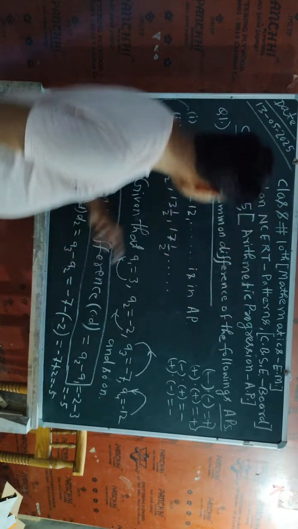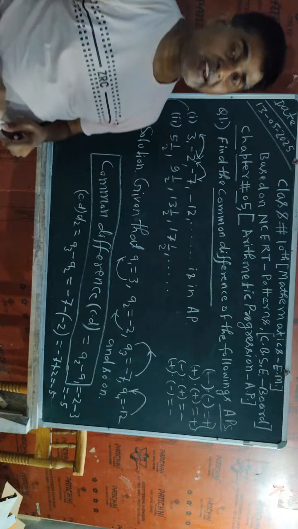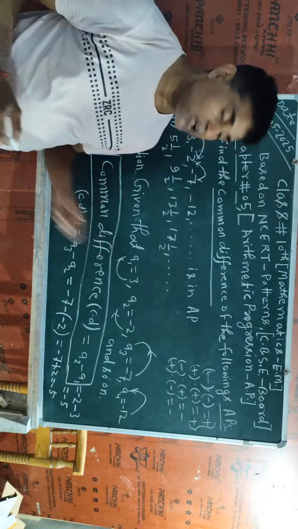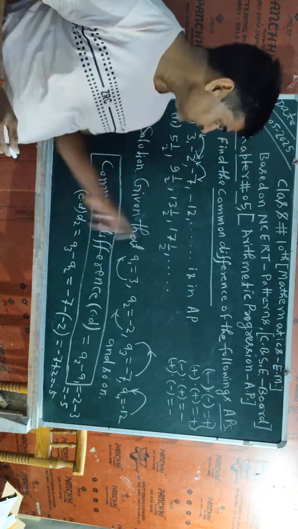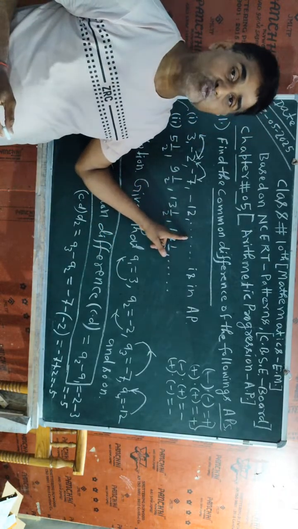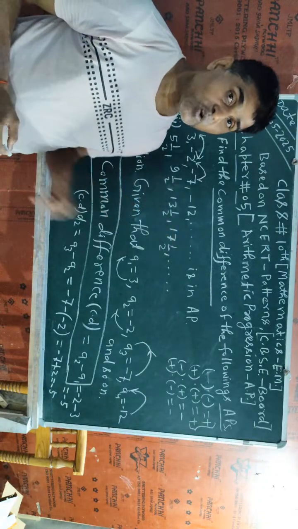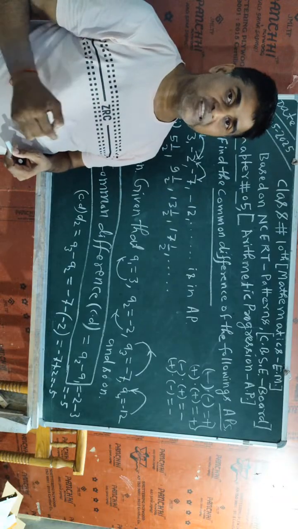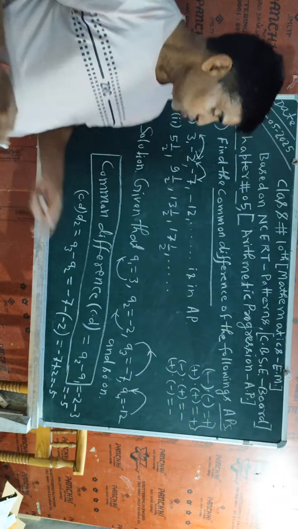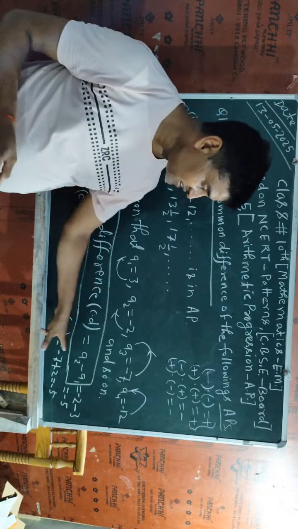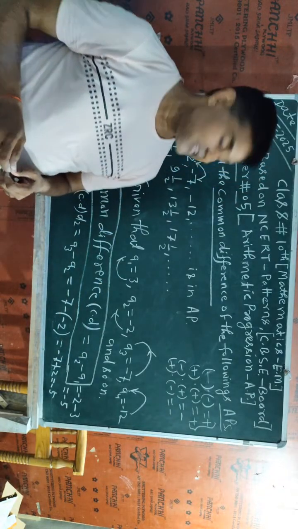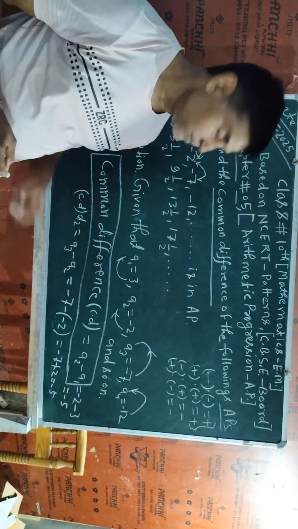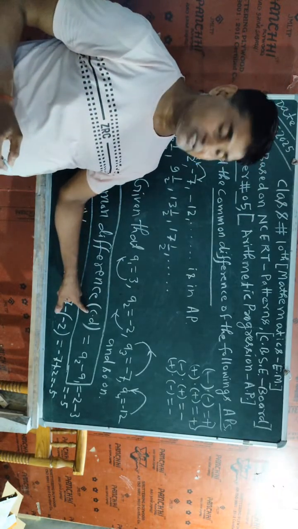So if I take any two consecutive numbers and find the common difference, and those common differences are the same, then I will say that the sequence is in AP, because this is the concept of AP: a fixed number is added to the preceding number to get the next number. The same concept I have applied here. After applying, I have got that fixed number, and that fixed number is called the common difference, CD, of the AP.